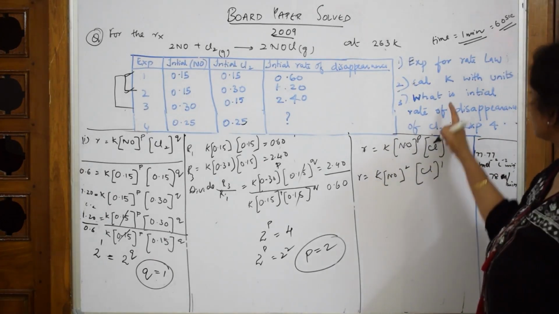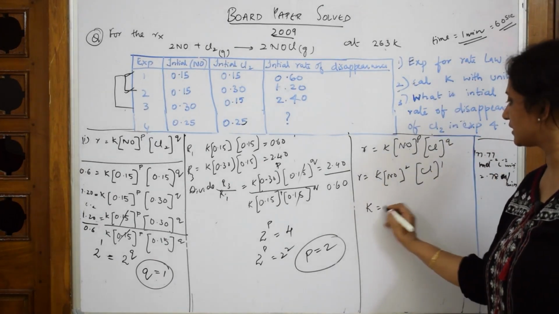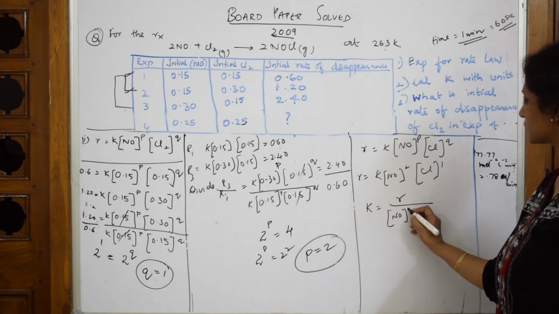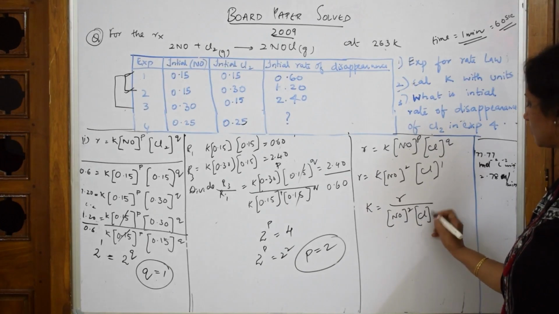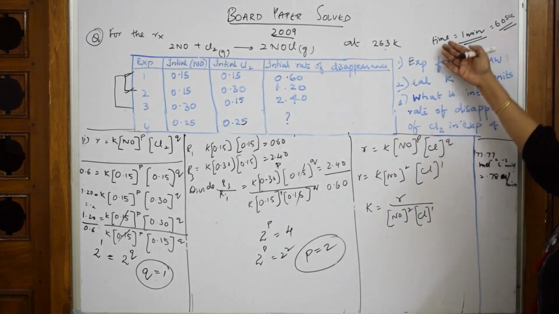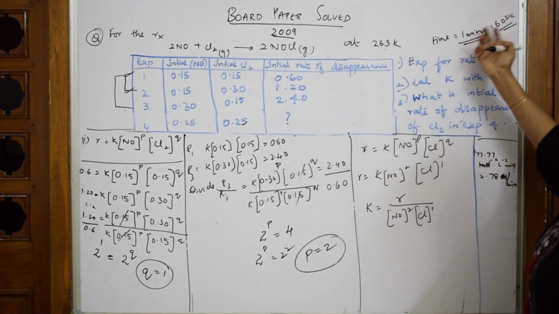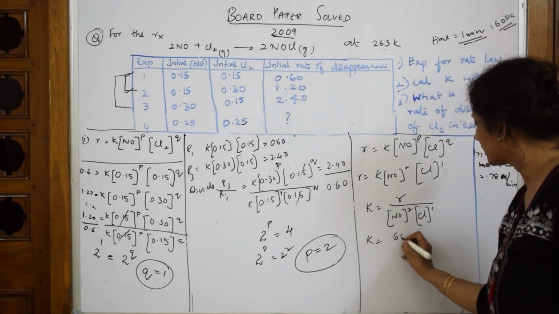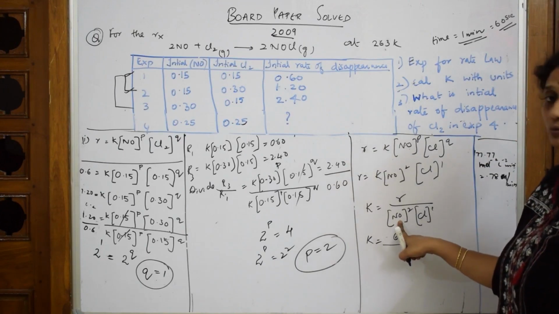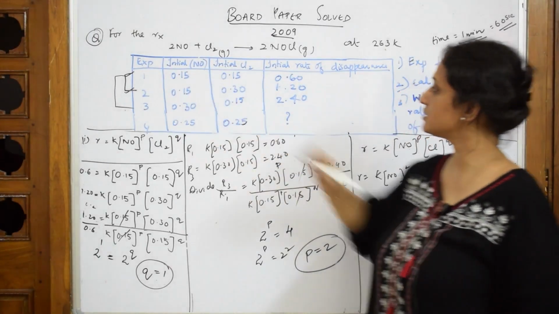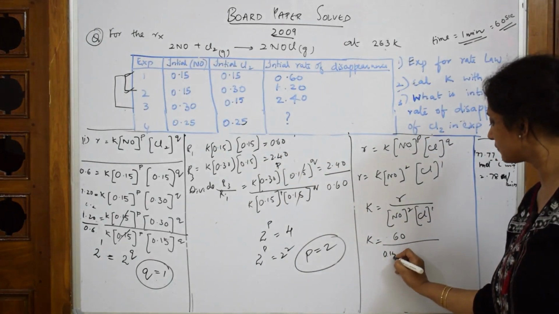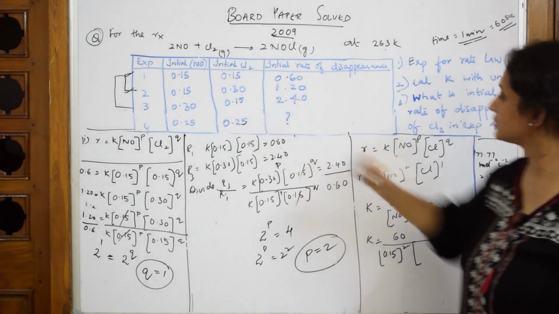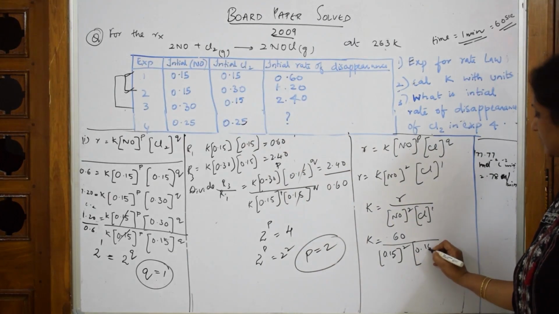Now I have to find K. So take it out and write K equals R by NO squared times Cl2. What is the time given? 1 minute, that is 60 seconds. So 60 divided by, NO concentration 0.15 whole squared, and Cl2 concentration 0.15.